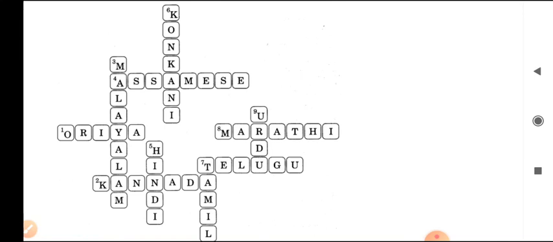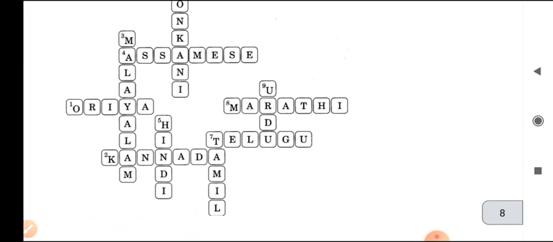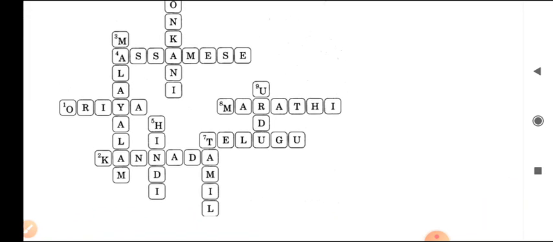Number 6, Konkani. Number 7, Telugu. Number 8, Urdu. Number 7 downwards, Tamil. Number 8, Marathi. Number 9, Urdu.